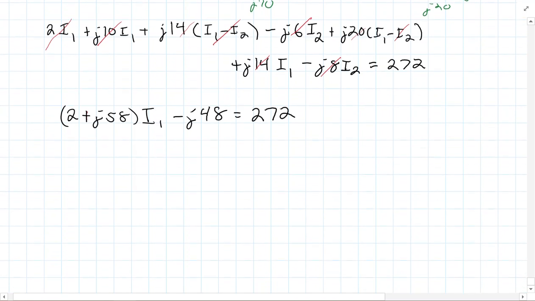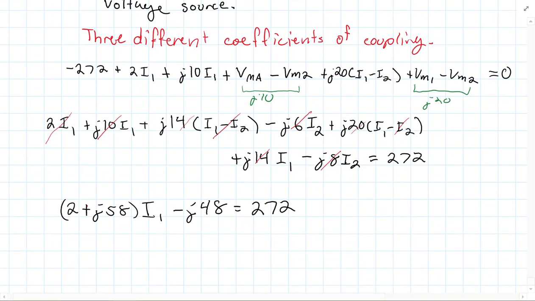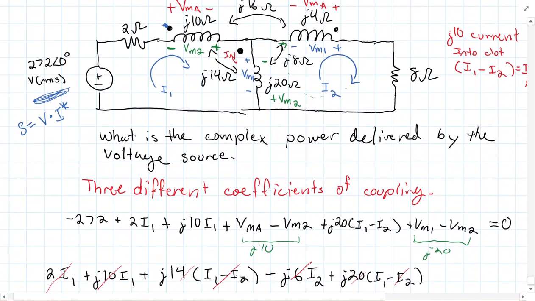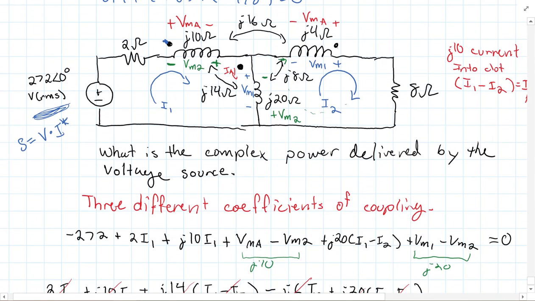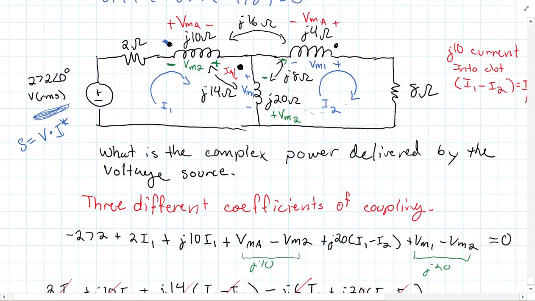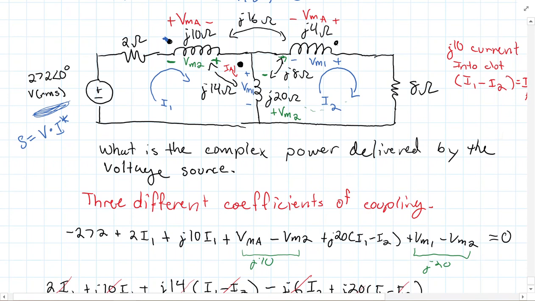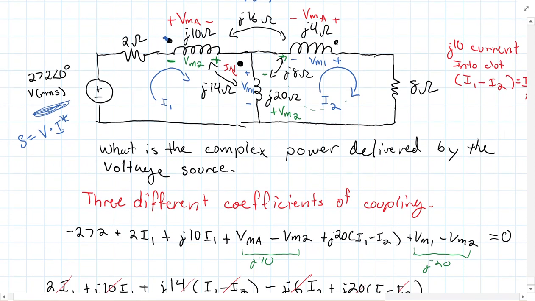Okay. Now I'm not going to redraw the circuit, but we now have to write down another equation here. So this is in the second loop. This one's a little bit smaller here. Well, I actually am going to have to reference back up to here. So I've got I2, I've got a negative coming in on both the VM1, because that's where your dot goes, and then plus, yeah.